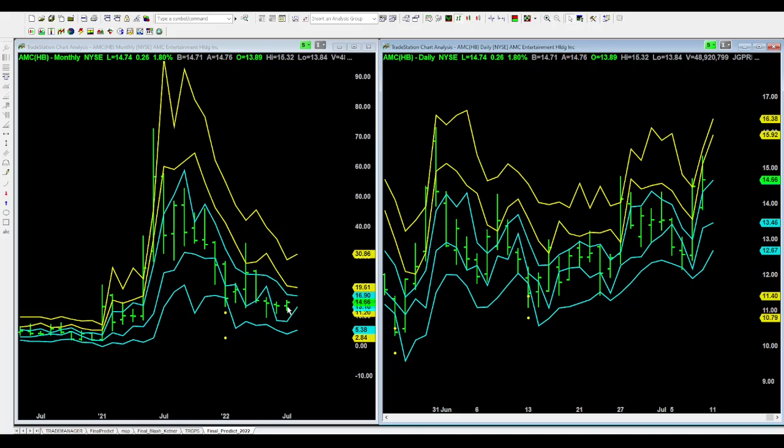This month it slightly went up, and this trend line goes flat and also moves up.